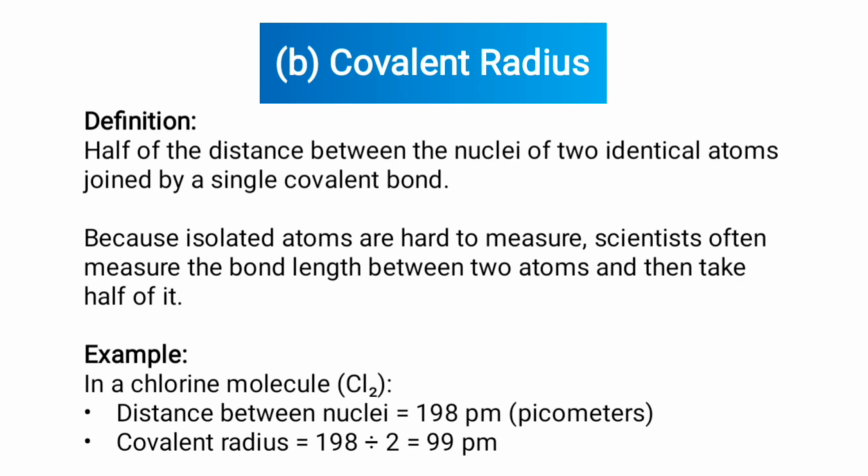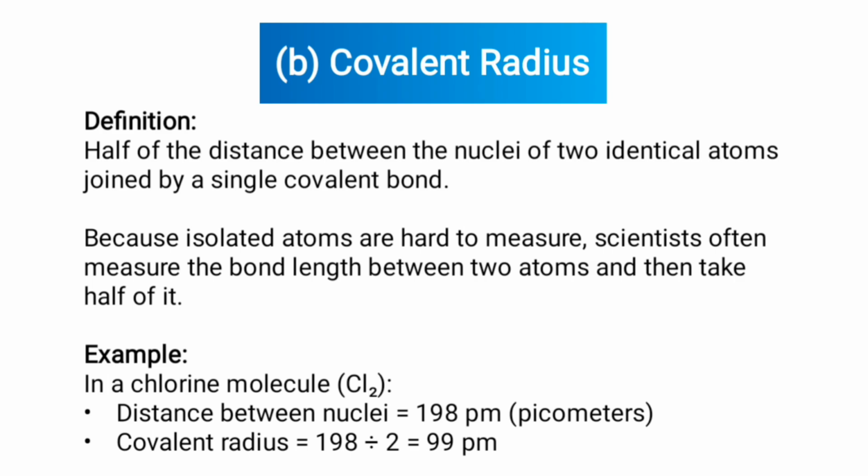Now, my dear student, covalent radius. Covalent radius is half of the distance between the nuclei of two identical atoms joined by a single covalent bond. Because isolated atoms are hard to measure, scientists often measure the bond length between two atoms and then take half of it.